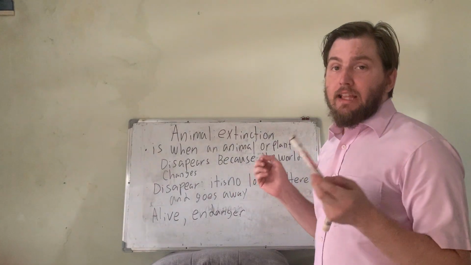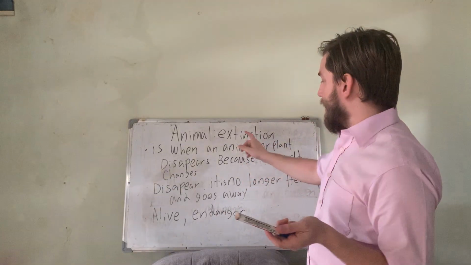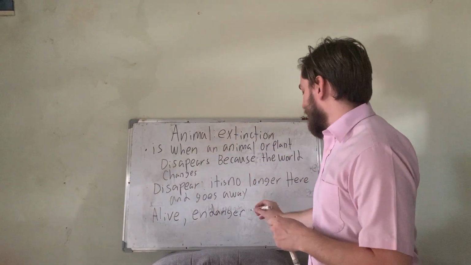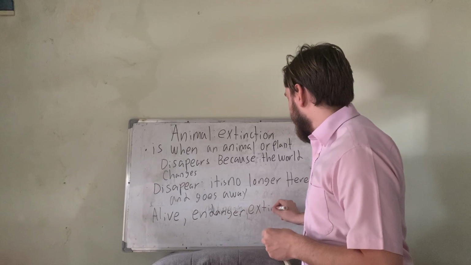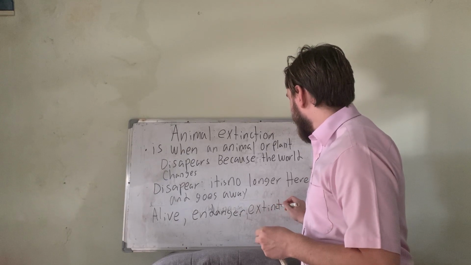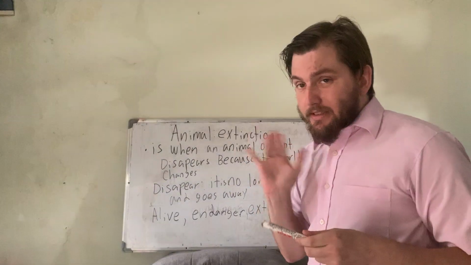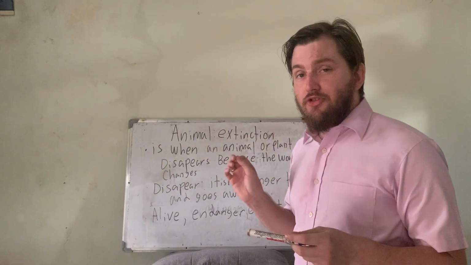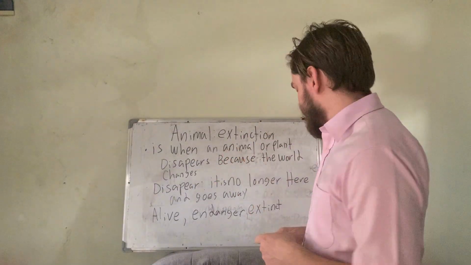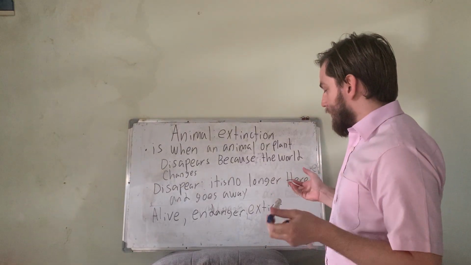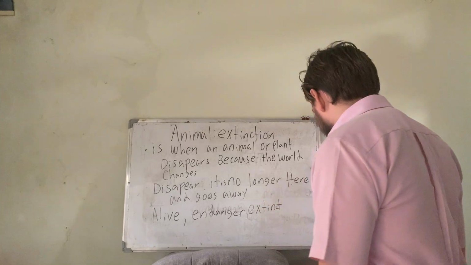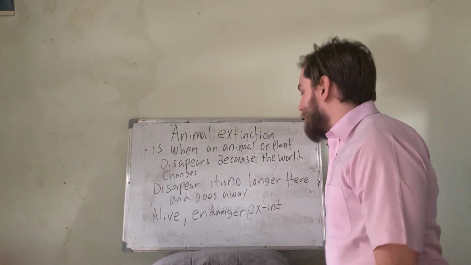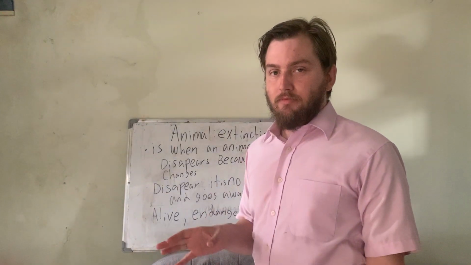Endangered means that they aren't extinct yet, which would be the other word with extinction. They are just in danger of becoming extinct. So that means we need to be careful with that animal. They won't always be here.